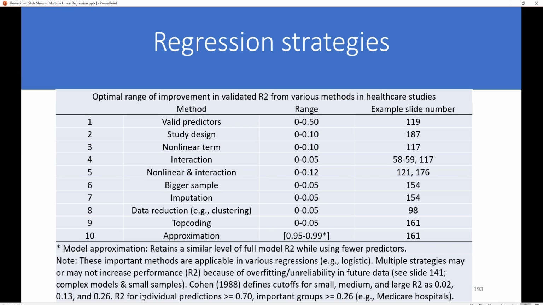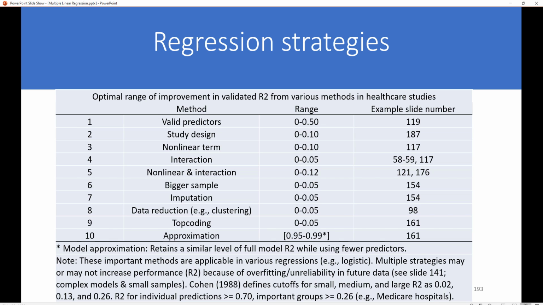R square for individual predictions. When you're doing predictive modeling, you should shoot for an R square of at least 0.70 or higher.